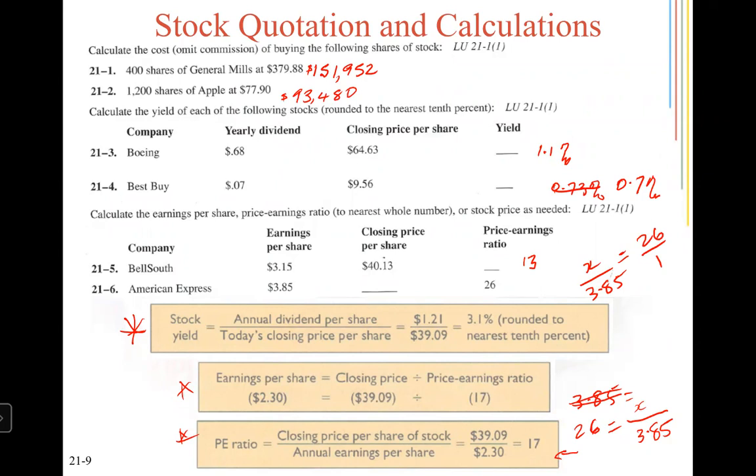I multiplied 26 by 3.85. Okay. So if you cross multiply, which we can do, X would be equal to 26 times 3.85. So X would be equal to 100.1.